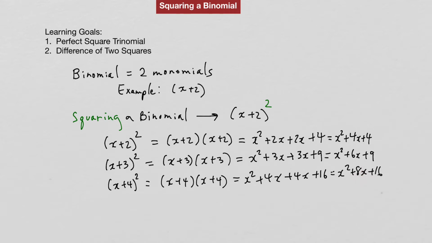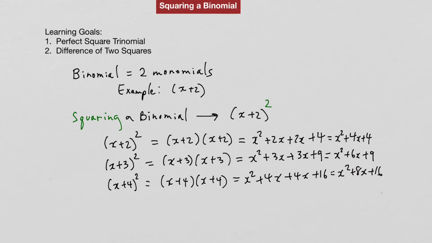If you notice, the pattern is that if you take the product of these two numbers, so instead of saying x plus 2, we say 2x, and then double it, now it becomes 4x. And that's the second term. Let's see if this works with the second example. Multiply these together, we get 3x. If we double it, we now get 6x. How about this last one? Multiply these together, so it becomes 4x, and if we double it, this becomes 8x. Interesting, isn't it?